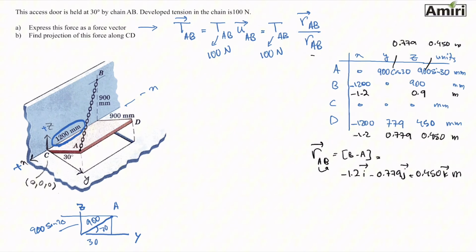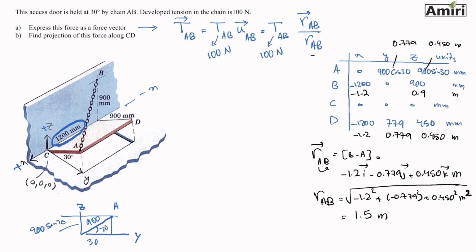I also need magnitude of R AB. Magnitude of any vector will be 1.2 squared, 0.779 squared, 0.450 squared. These are all meters squared. This will result in 1.5.